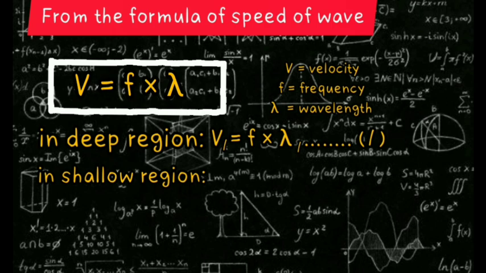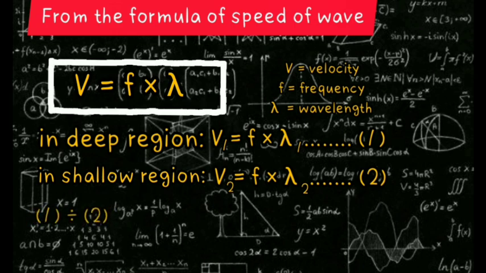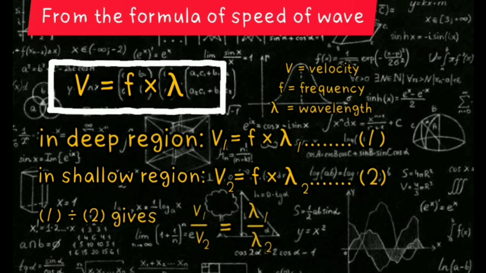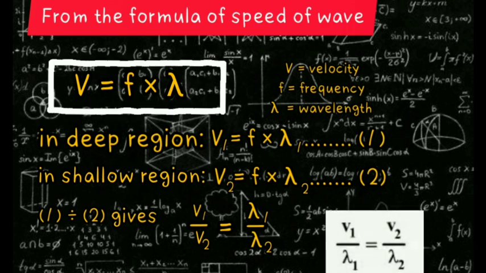In shallow region, the equation is v2 = fλ2. When we divide equation 1 by equation 2, it gives a new equation, which is v1/v2 = λ1/λ2. As we simplify the equation, we can get the new formula, that is v1/λ1 = v2/λ2.